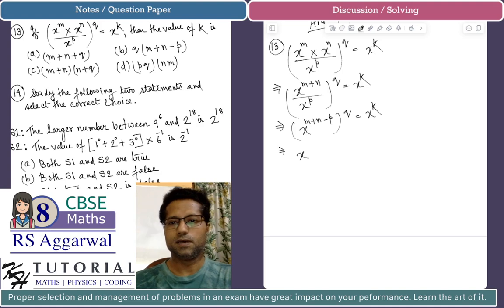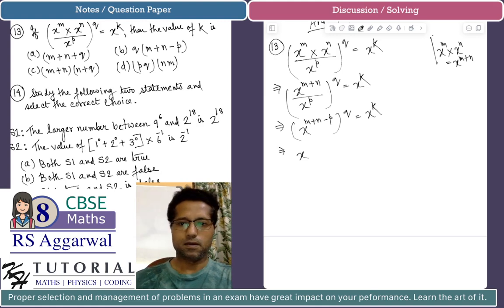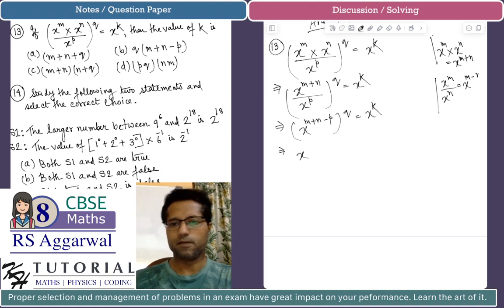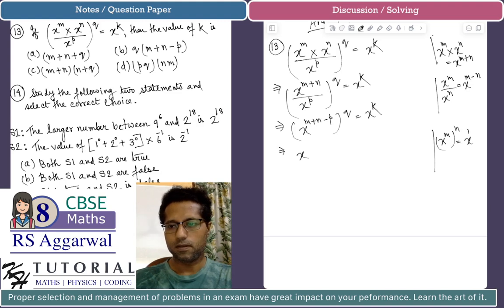So over here we applied the formula x to the power m multiplied by x to the power n is equal to x to the power m plus n, and over here we applied the formula x to the power m divided by x to the power n is equal to x to the power m minus n, and over here we will apply the formula x to the power m whole raised to the power n is equal to x to the power m into n.